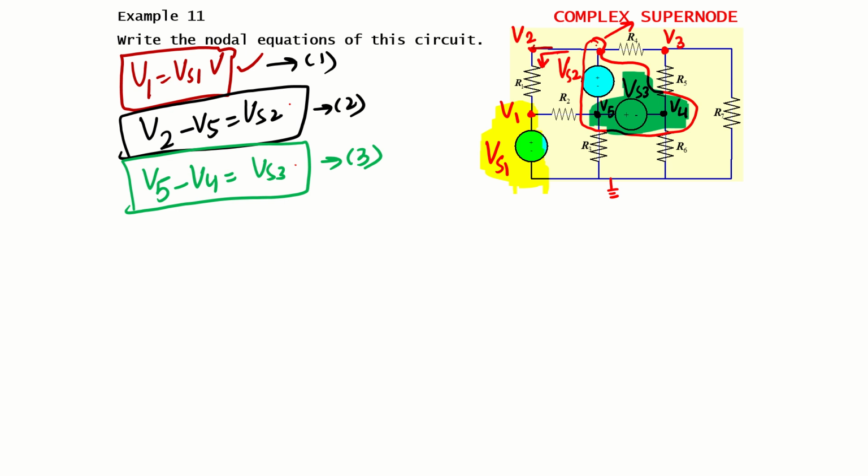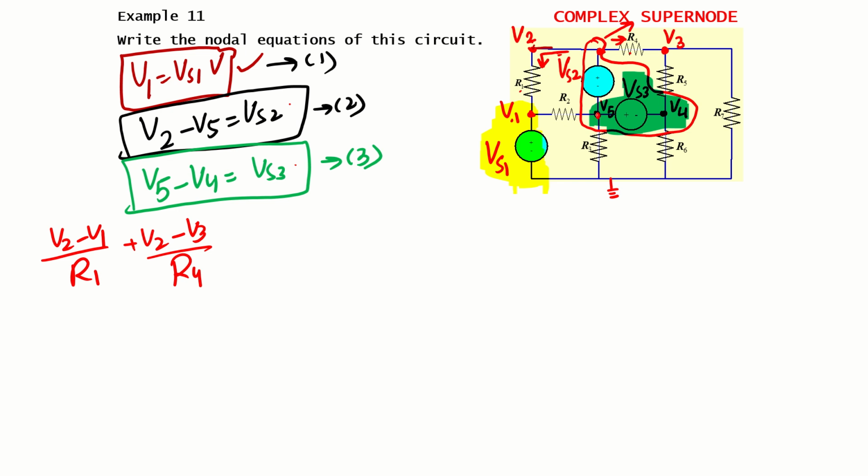The current through R1 and the current through R4. The current through R1 is V2 minus V1 divided by R1. Then the current through R4 is this voltage minus this voltage, so plus V2 minus V3 divided by R4.